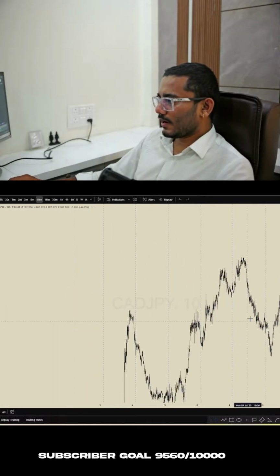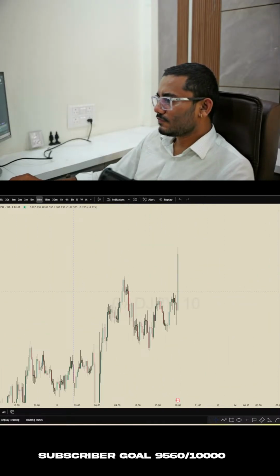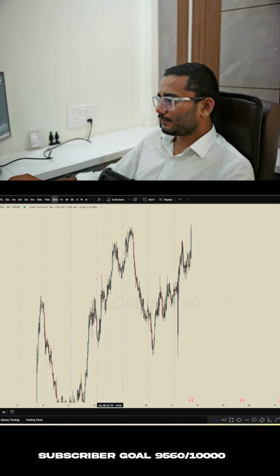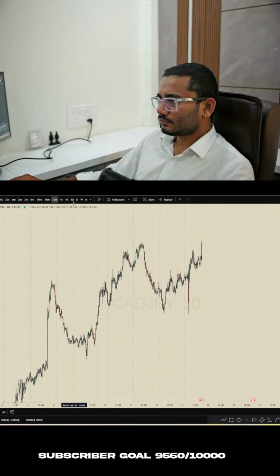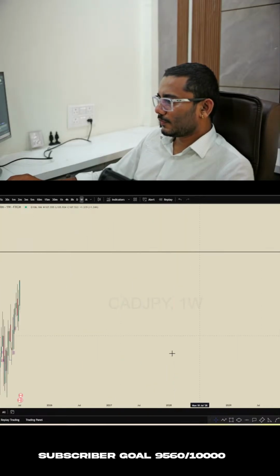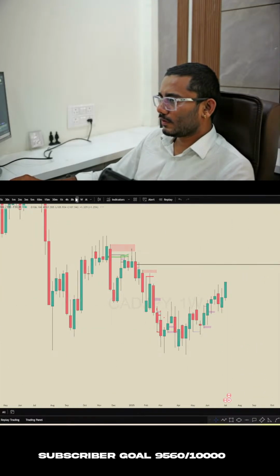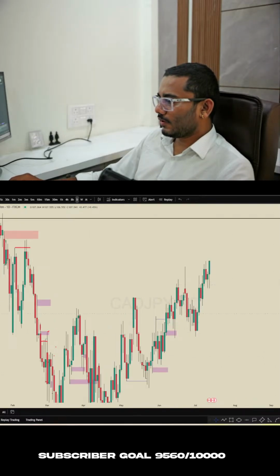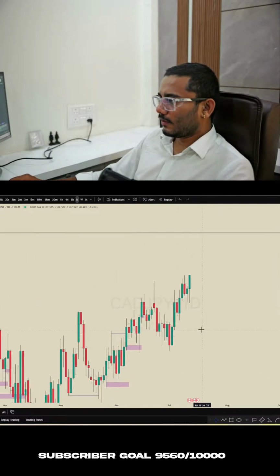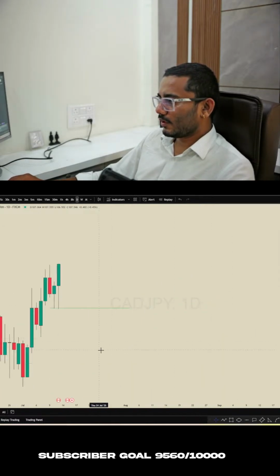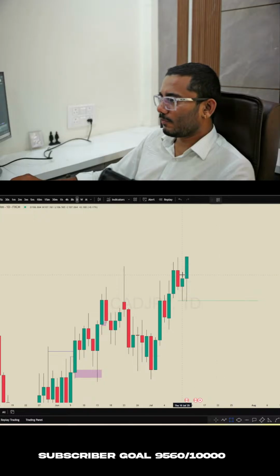Similarly on CAD JPY, because of news, now we can see the overall trend is going to the upside. On weekly, price has already tapped this area, and on daily, price swept this previous low and broke the structure to the upside, creating a long imbalance over here.